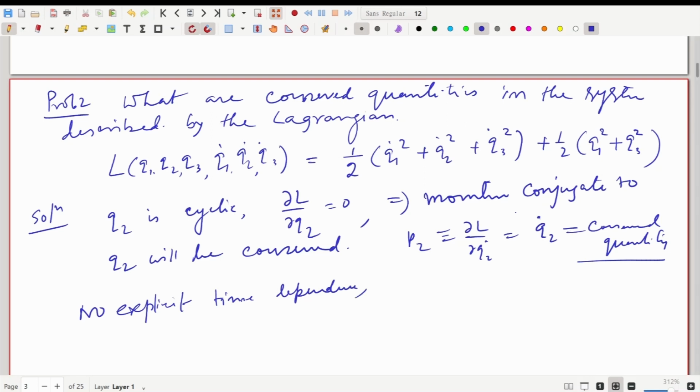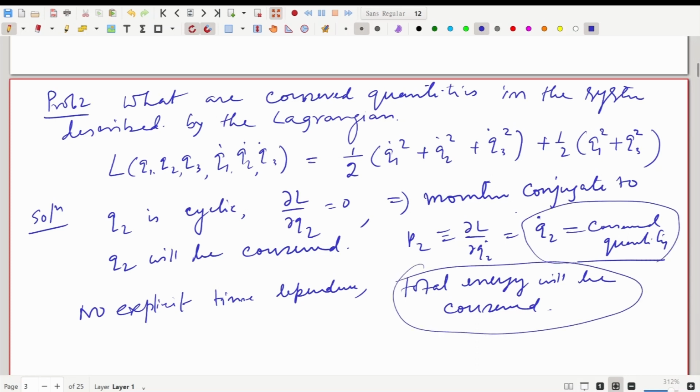So we can safely say that the total energy is conserved. So two conserved quantities we have found: the momentum conjugate to the q2 coordinate and the total energy. So these two are conserved quantities.